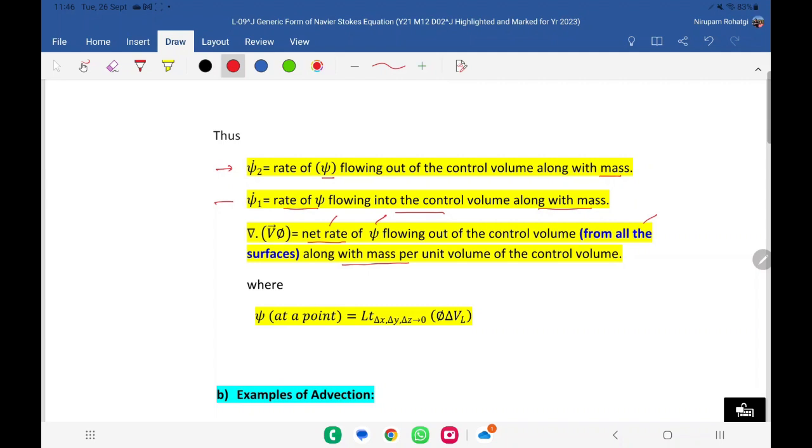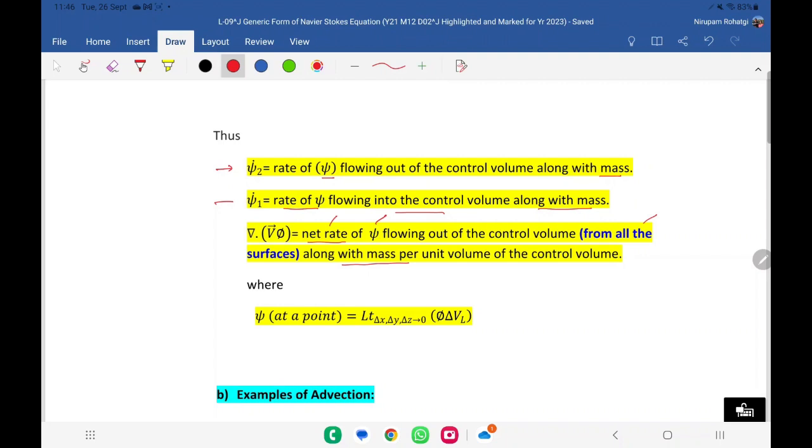Something like convection. Here the name advection is used. It is the same as convection. If you talk about heat transfer in convection, it is because of the flow of the fluid that convection takes place.